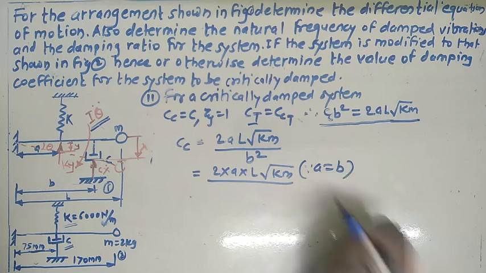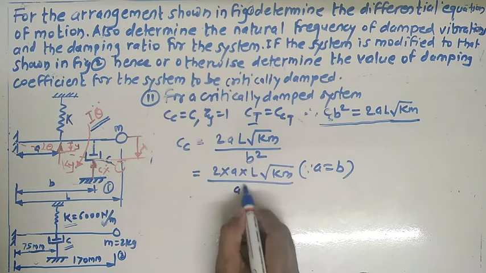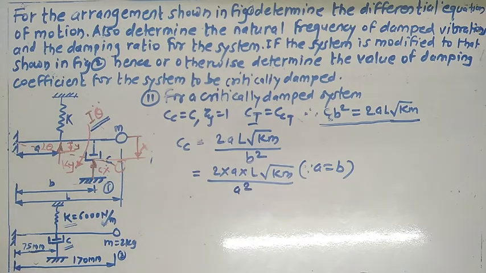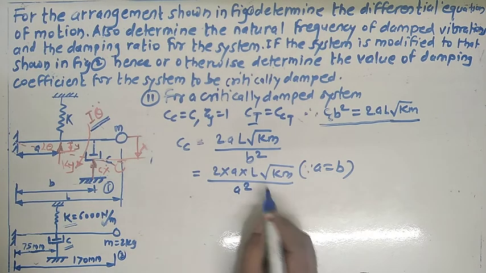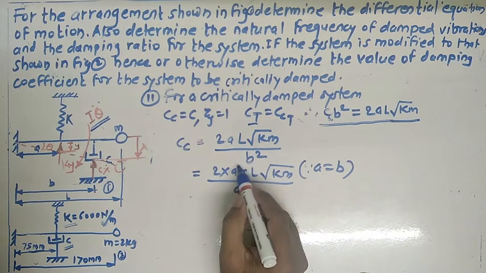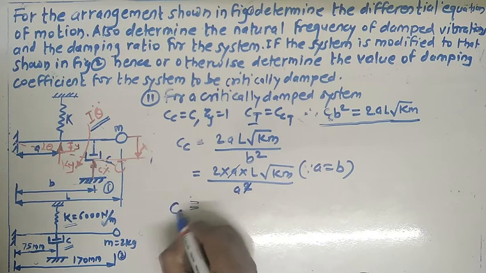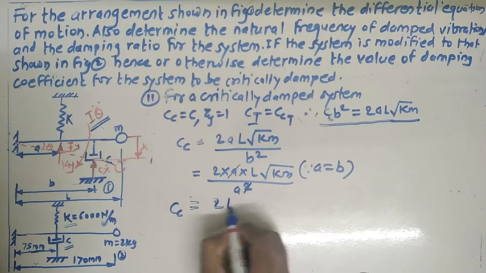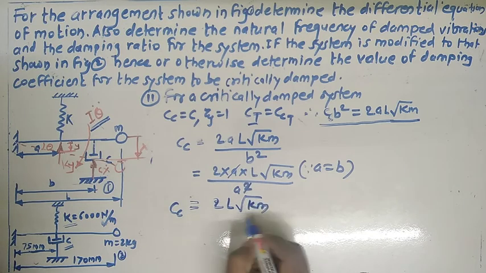So I can replace this b by a, giving a square, and one a gets cancelled. The remaining term: cc equals 2 multiplied by l into square root of k m by a.